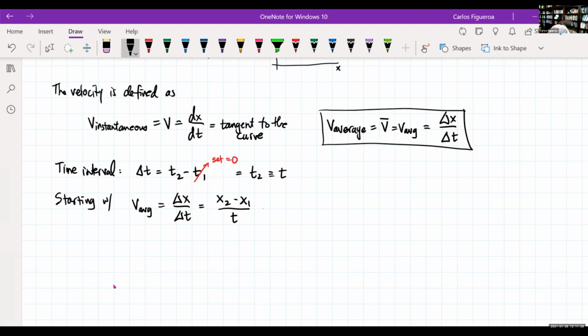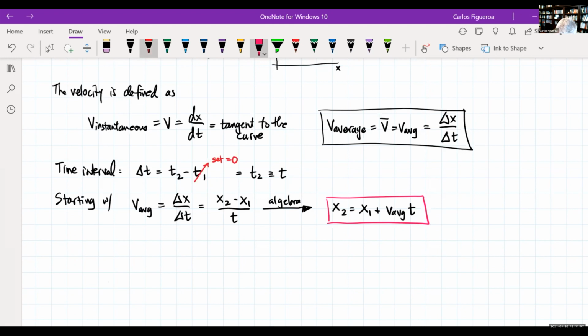So now if I do a little bit of algebra, what you're going to find is that I can rewrite this as x2 equal to x1 plus V average T.